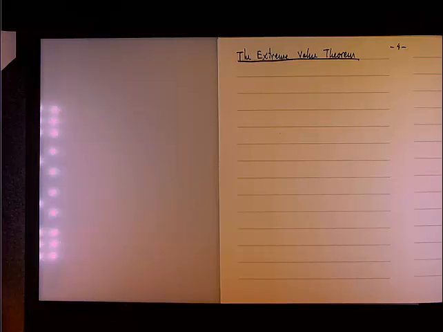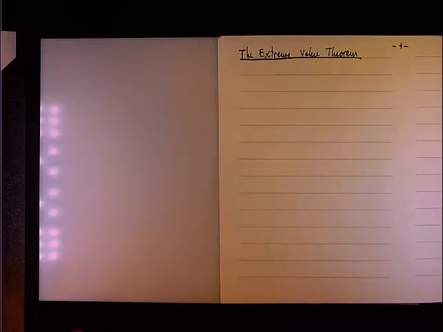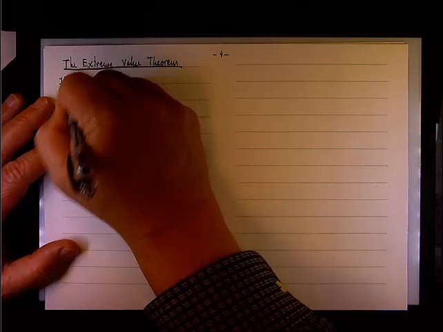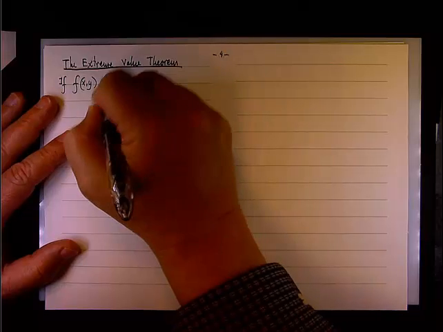Remember, the extreme value theorem in Calc 1 told you that if you have a continuous function on the closed interval AB, then at one point you'll have an absolute minimum and at another point an absolute maximum. Even if it's a horizontal line segment, every point on the line segment is both absolute minimum and absolute maximum. But if you have a certain curve on a closed interval, you'll find at least one point that is the absolute minimum and one that is the absolute maximum. Well, that applies also here. That's what the extreme value theorem tells you.